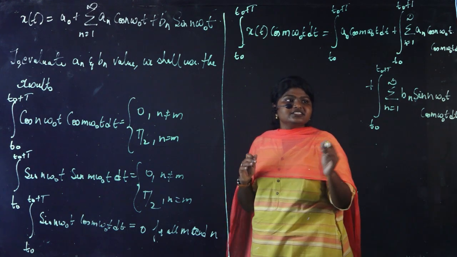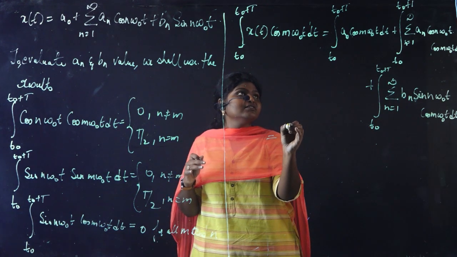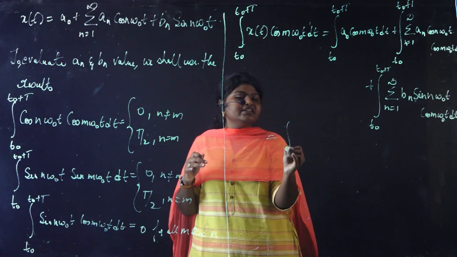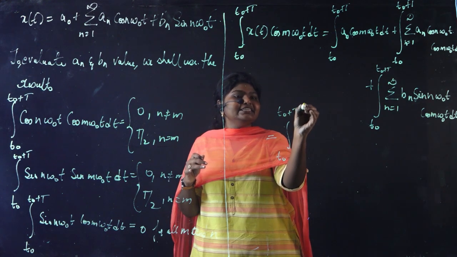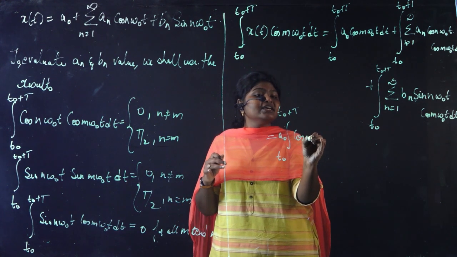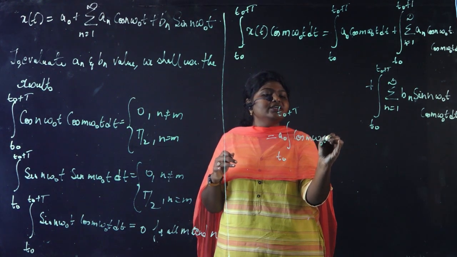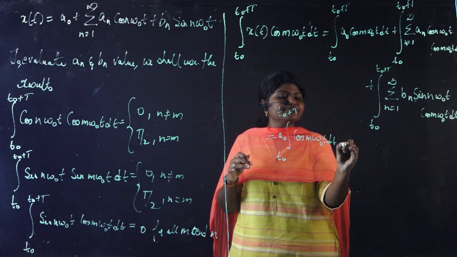If we still want to expand this for our convenience, we will write this as the integral from T naught to T naught plus T. You bring A naught outside, and this will be cos m omega naught t dt. This whole term will be 0 now.